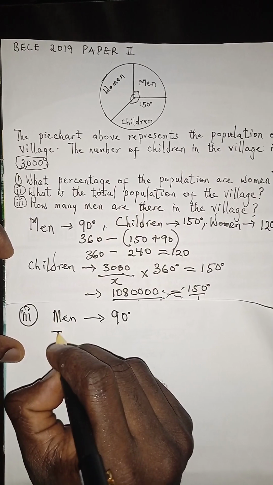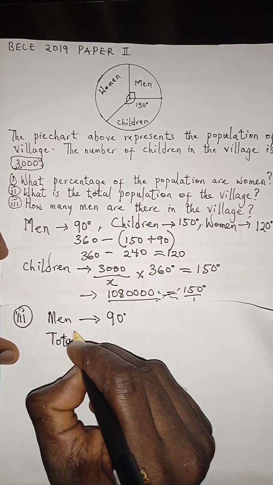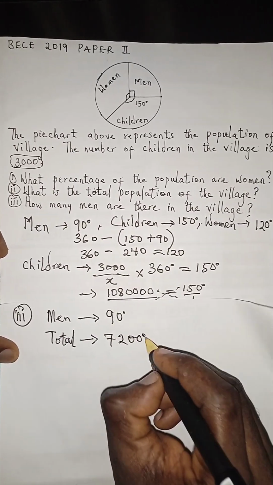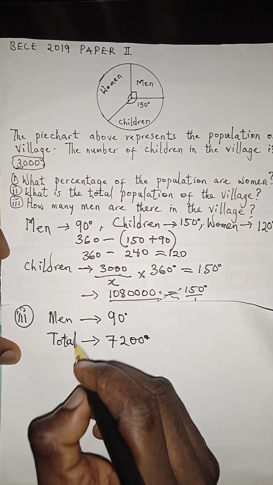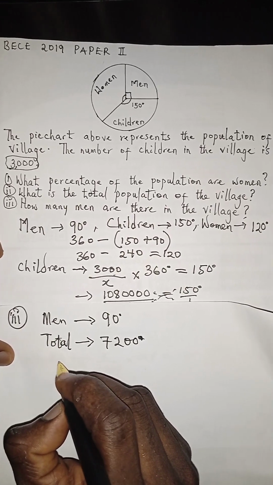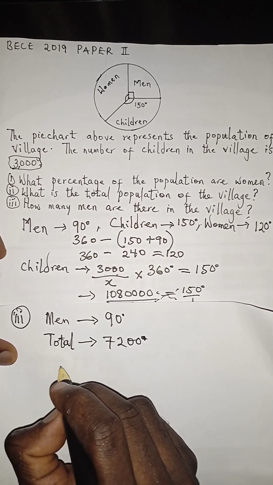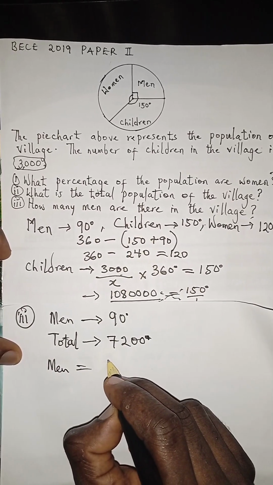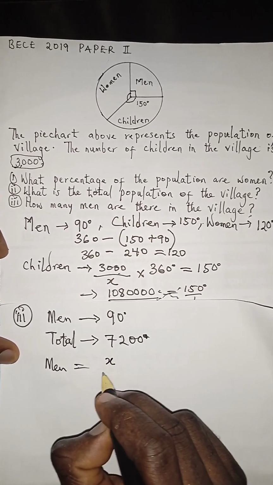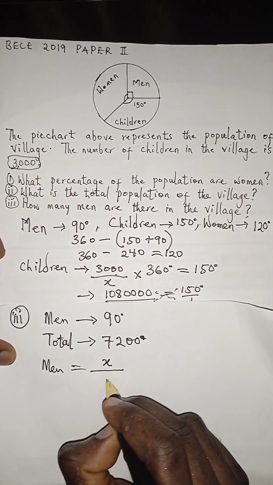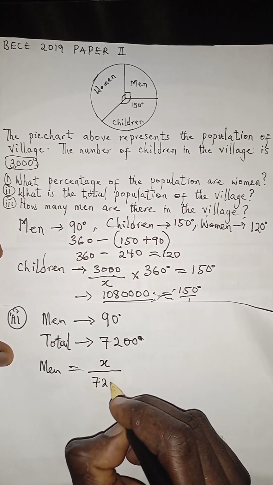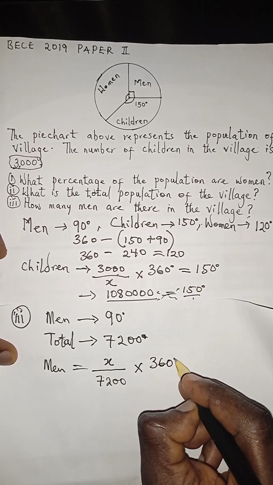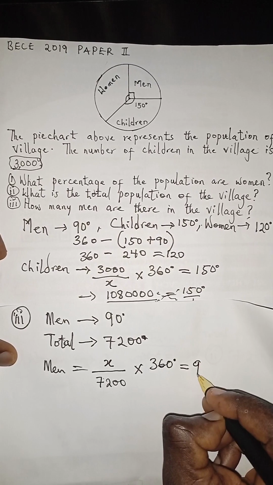Then the total population is 7,200. Now we want to know how many men are in the village. The total number of men in the village is supposed to be divided by the total population and multiplied by 360 degrees to give us 90 degrees.